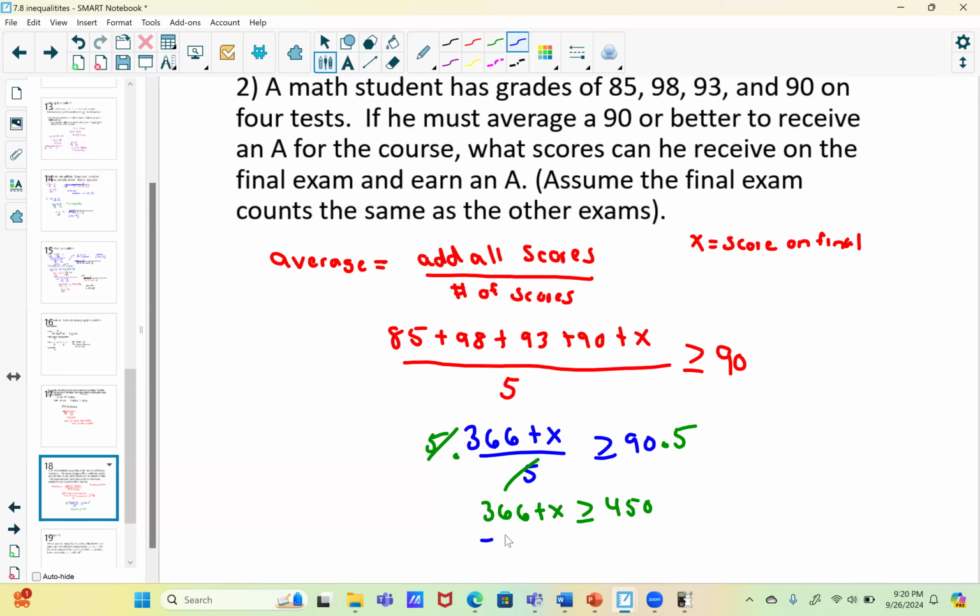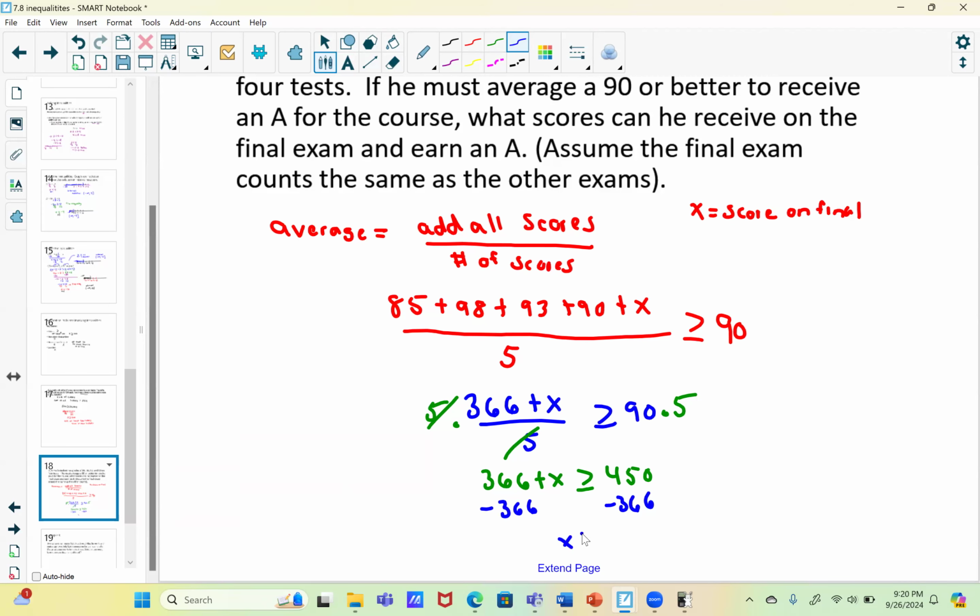Then we're going to subtract our 366, and we have X is greater than or equal to 84. Okay, so I need to earn an 84 or higher to get an A.